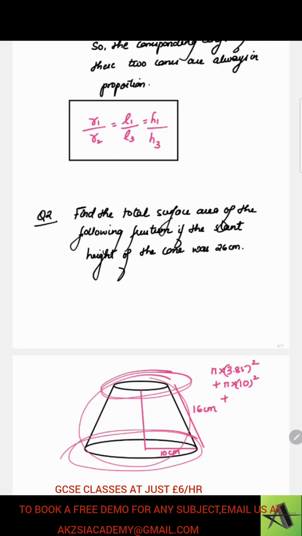So for the curved part, I have to calculate the area of the curved part of the bigger cone and I have to subtract the smaller cone. In this way, I'll get the curved part of this frustum.